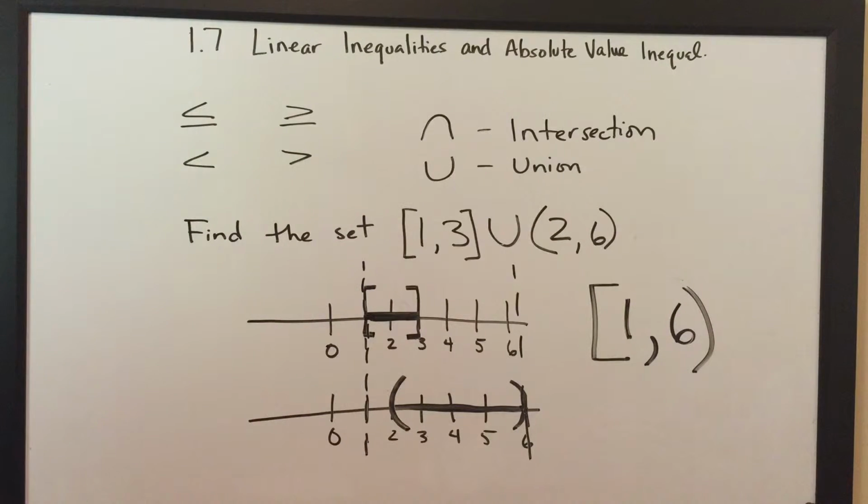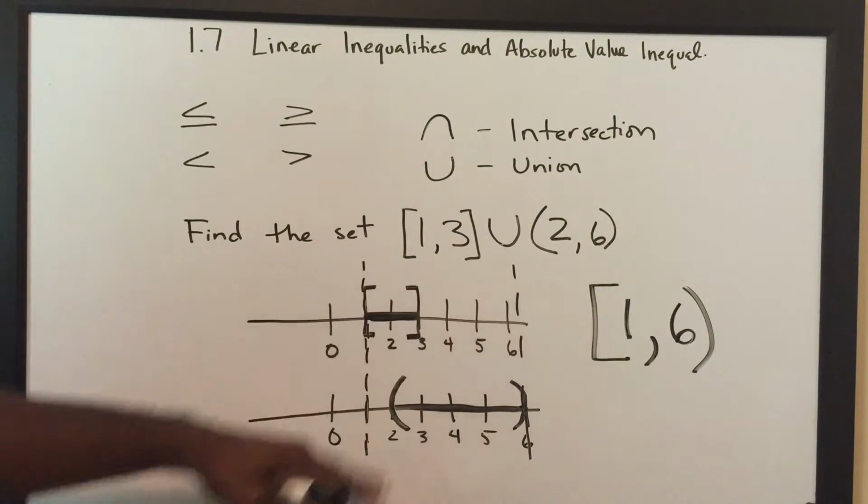Once again, the intersection is saying that we're taking a part of the number line that each graph has in common, whereas the union is saying that we're taking a part of the number line representing the total collection of the numbers of the two graphs. It's important to remember the difference between the intersection and the union when you're actually finding the set that's been represented by each of these here.